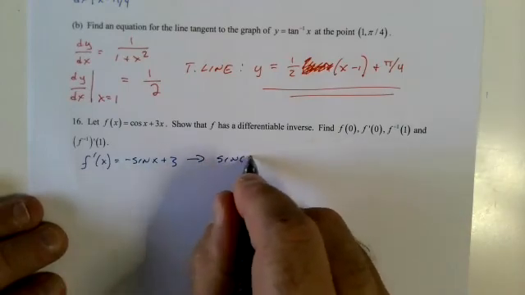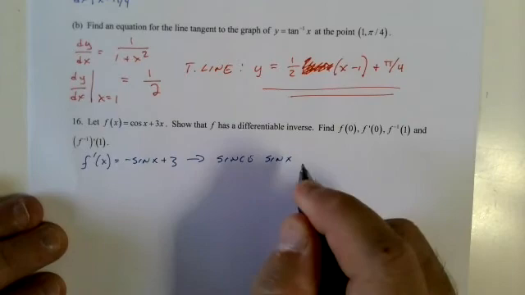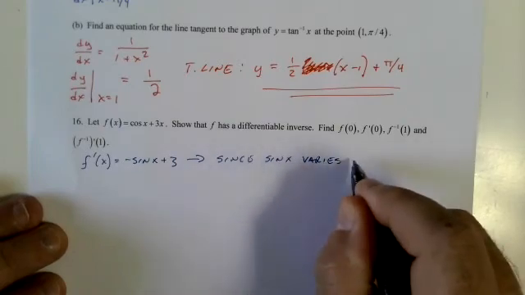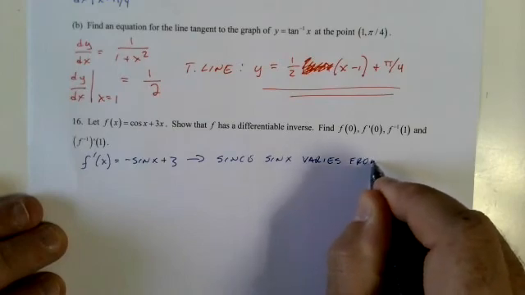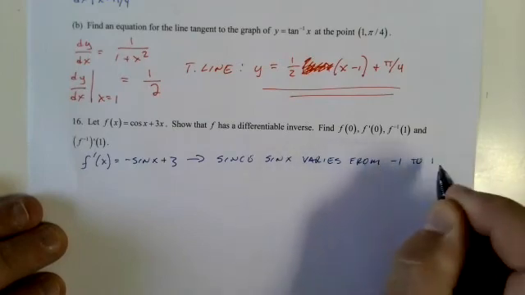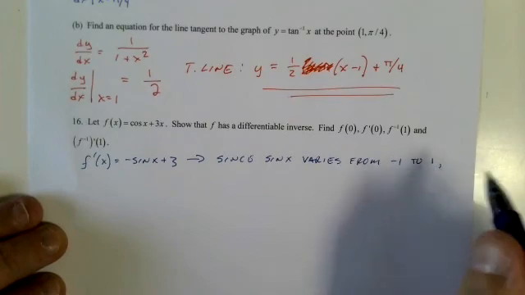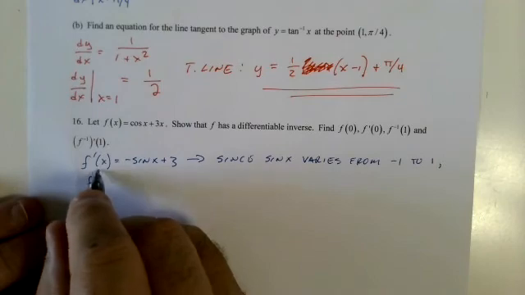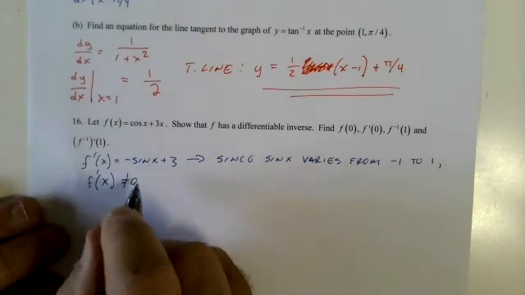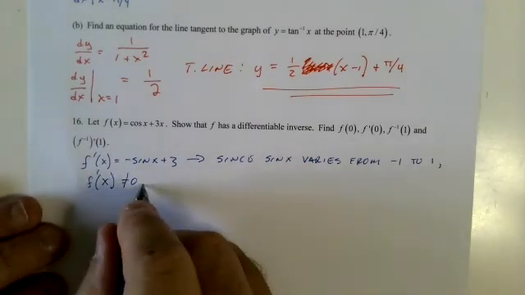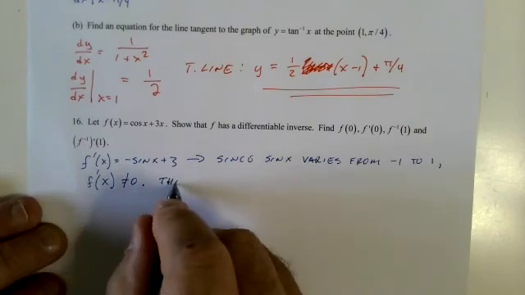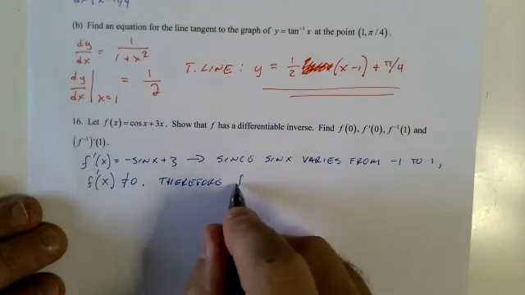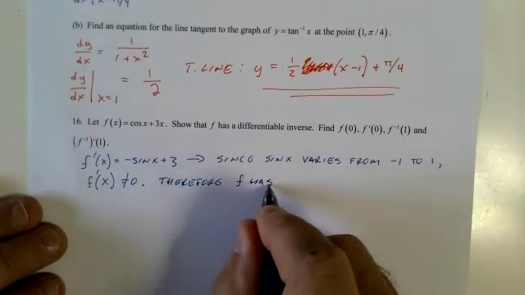Since sine of x varies from negative 1 to 1, it's plus 3, so f prime of x cannot equal 0. Therefore, f has a differentiable inverse.